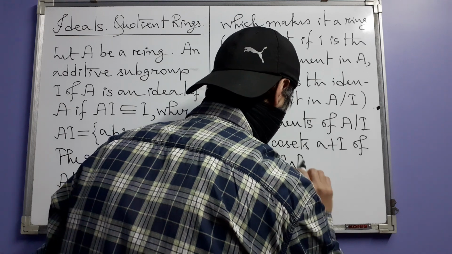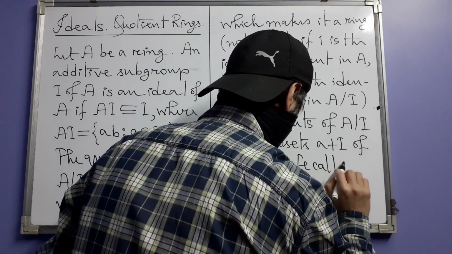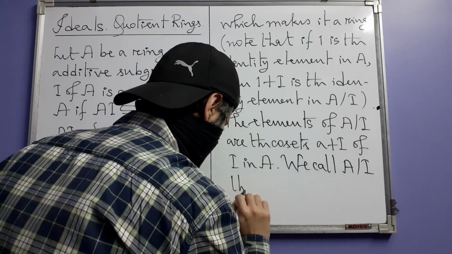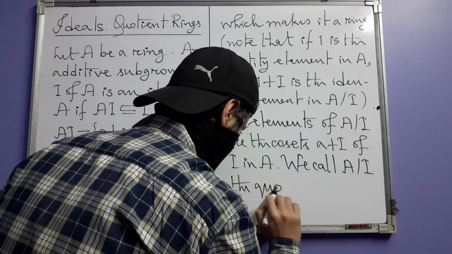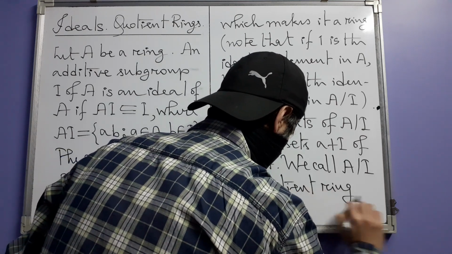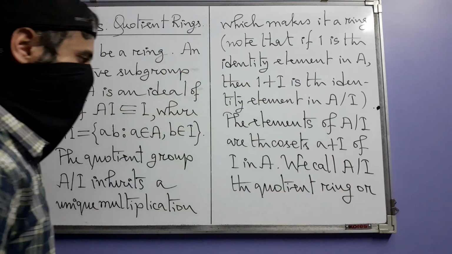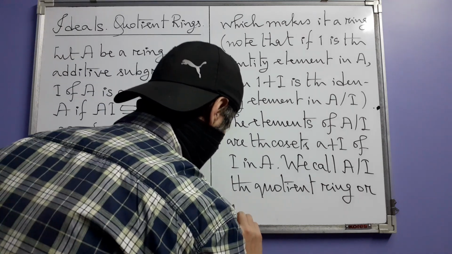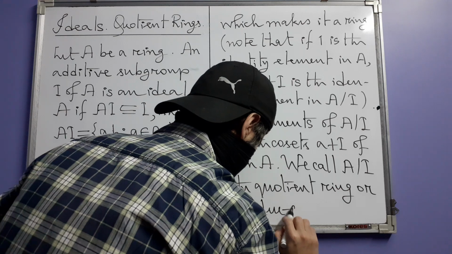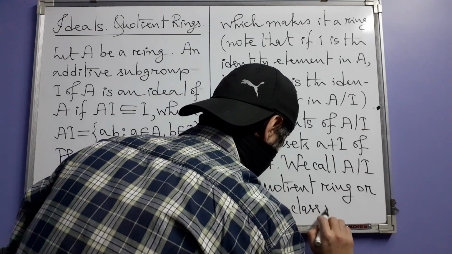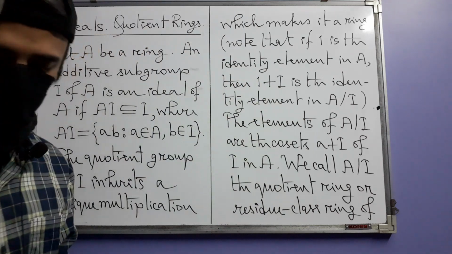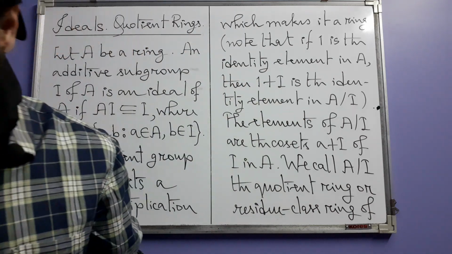We call A slash I the quotient ring or residue class ring. That's also another name. Of A by the ideal I.